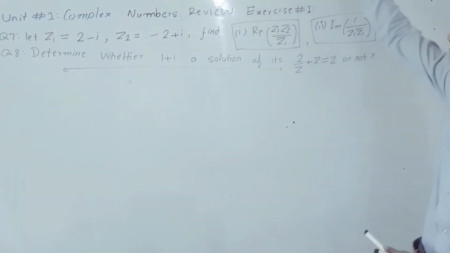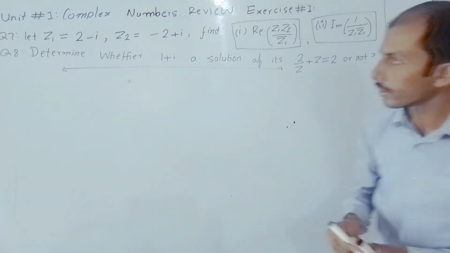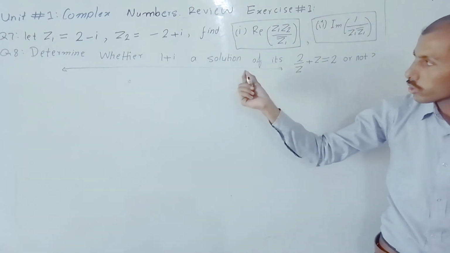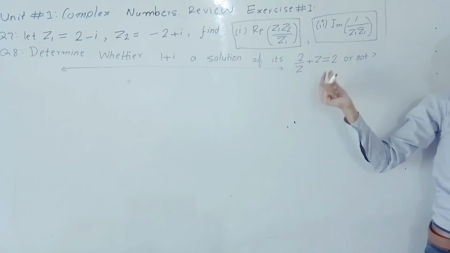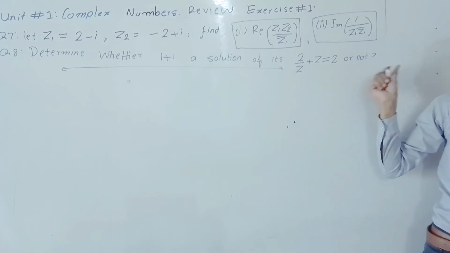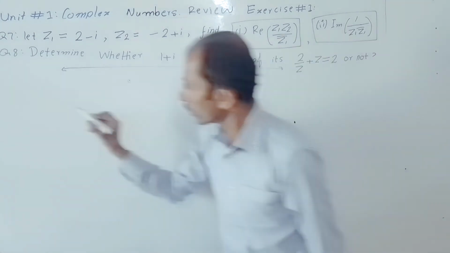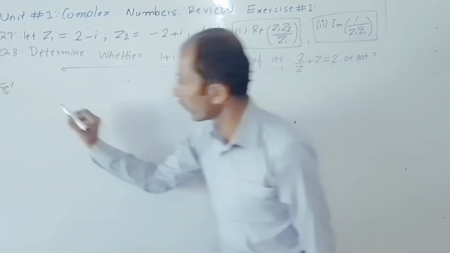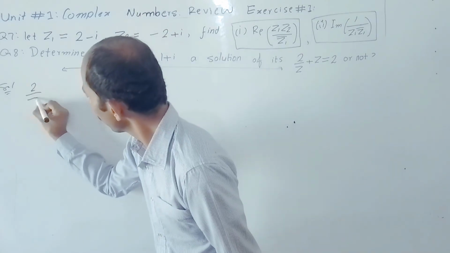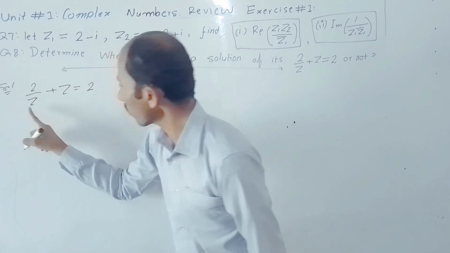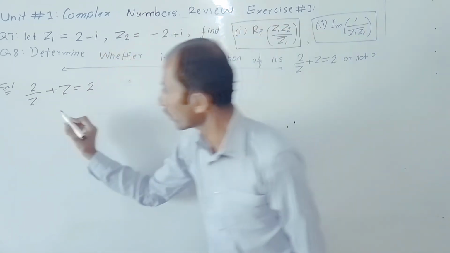Next, question number 8. Determine whether 1 plus iota is a solution of the equation 2 divided by z plus z is equal to 2 or not. So first write the equation, that is 2 divided by z plus z is equal to 2. So next multiply z in both terms.